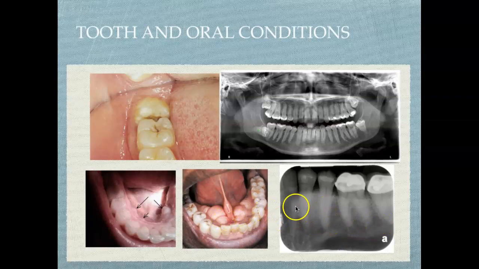So you can see a shadow of the tori, of the bone, here across the root structures of these mandibular teeth. And again, if you haven't educated yourself on radiographic interpretation, you might think that this was an error in your periapical.